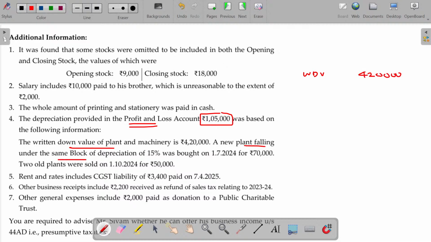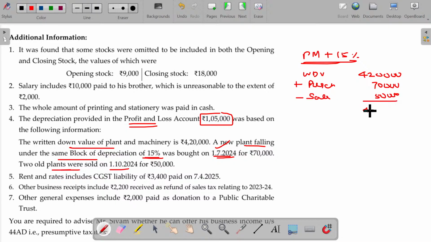A new plant falling under the same block of depreciation, so it's plant and machinery, block of asset carries 15% depreciation, purchased on 1/7/24 for 70,000 rupees. Purchased on 1st July, so eligible for full year's depreciation. 2 old plants were sold on this date for 50,000 rupees. The ultimate value being 4,40,000.